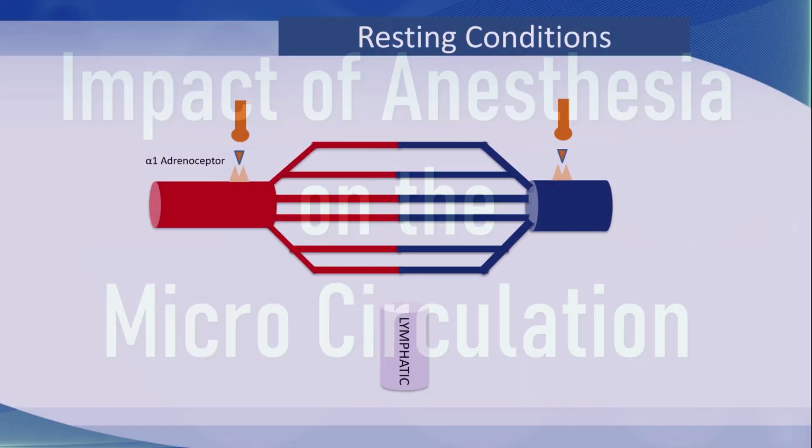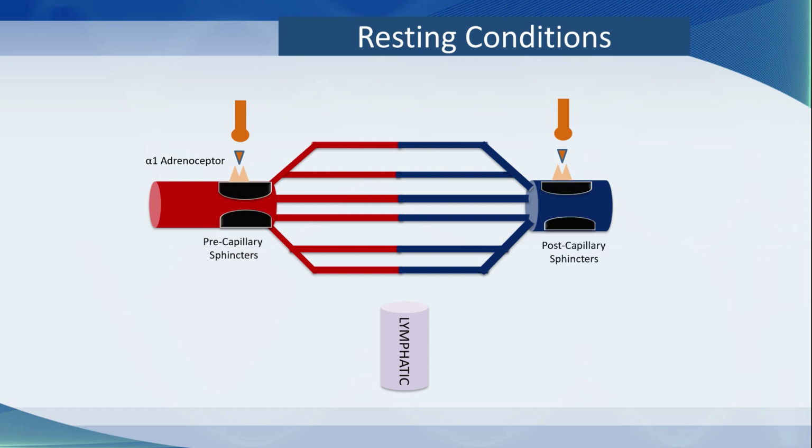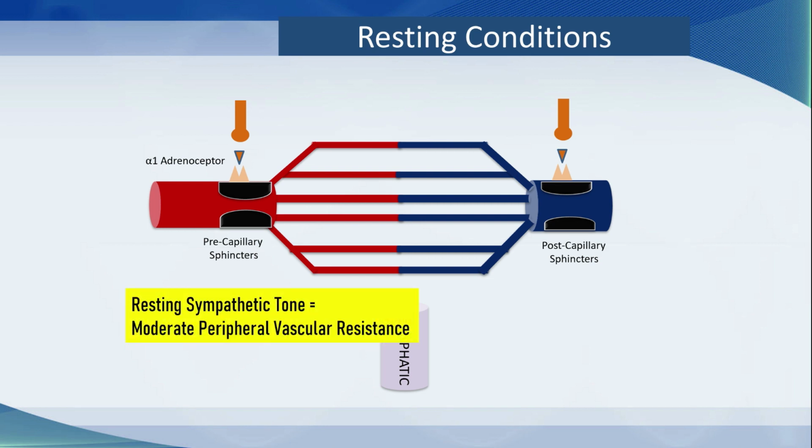As previously mentioned, the microcirculation under resting conditions has tonic sympathetic activity. That means that the pre and the post capillary sphincters are taut, and so flow is restricted going into the microcirculation, and this is mostly controlled by alpha-1 adrenoceptors. We have a small amount of circulating epinephrine and norepinephrine, adrenaline and noradrenaline.